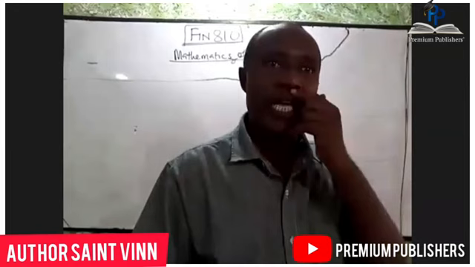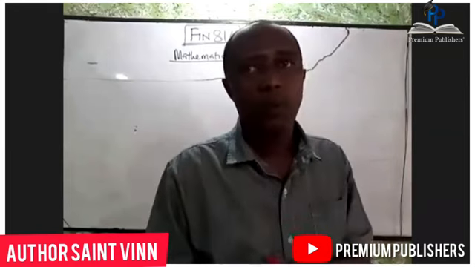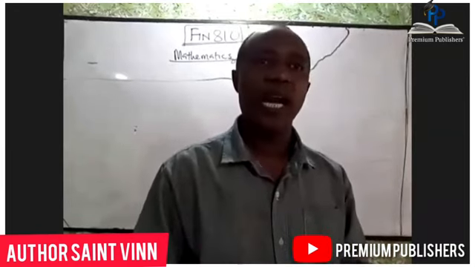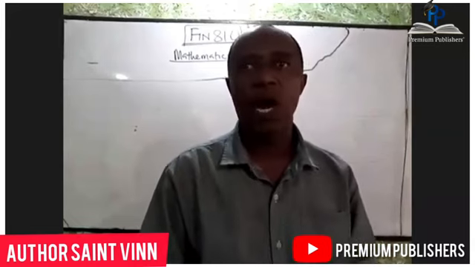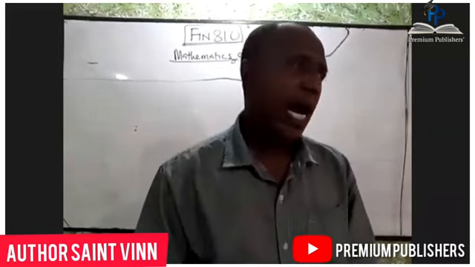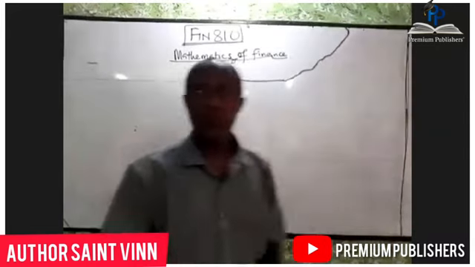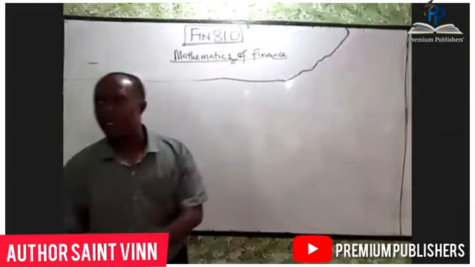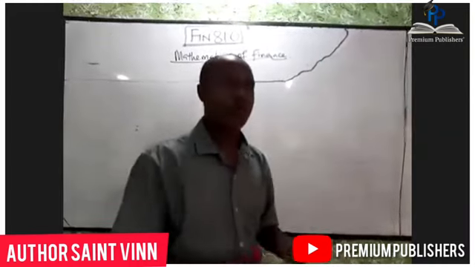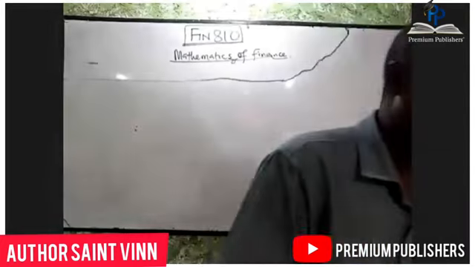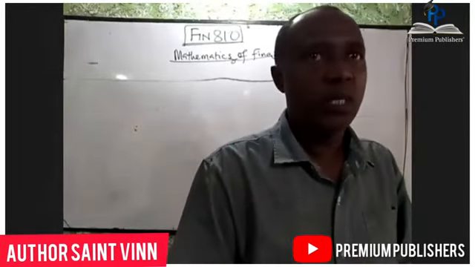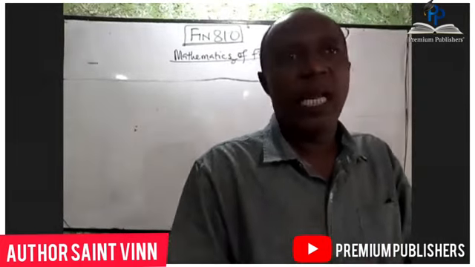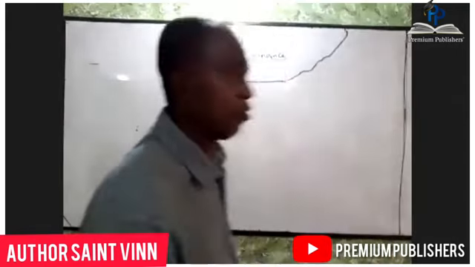And we discovered that annuity has two parts. We have ordinary annuity and we have annuity due. We're going to look at the present value of annuity. We'll look at the future value of annuity. This is the term that make up what we call mathematics of what?